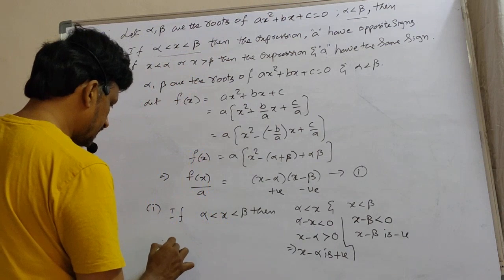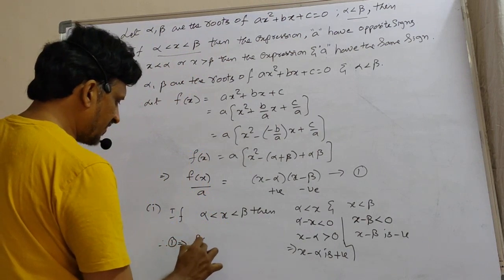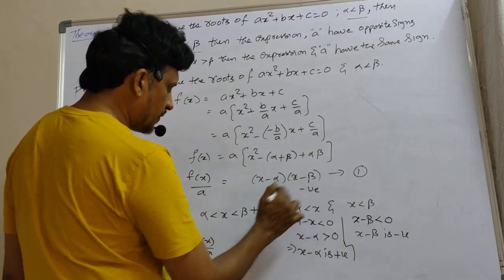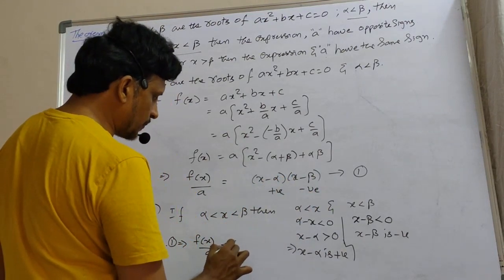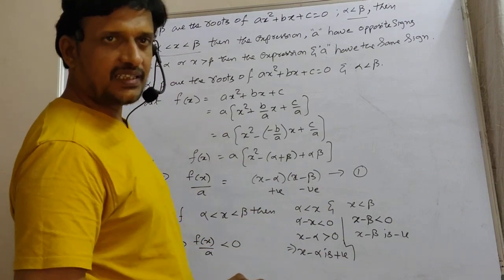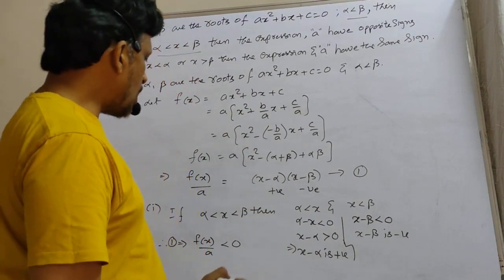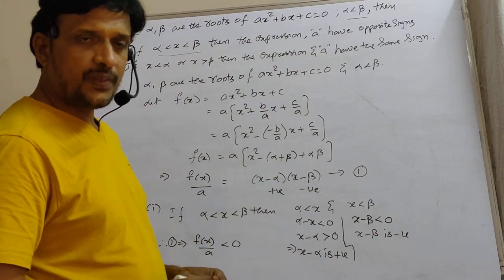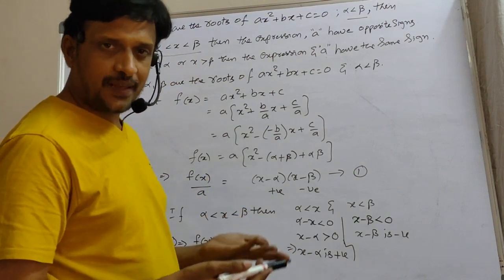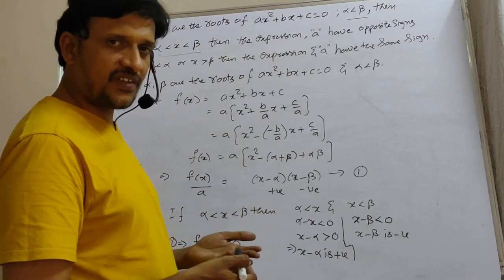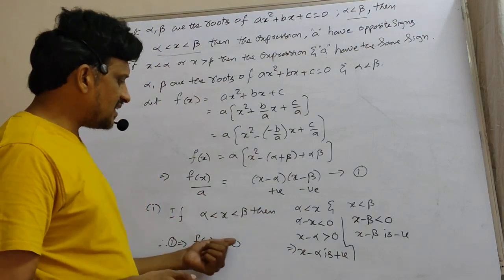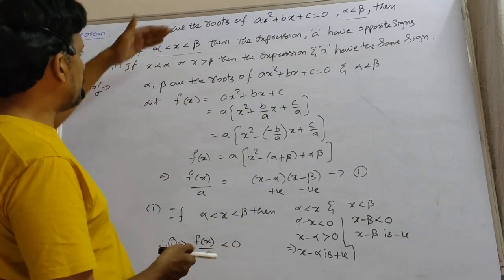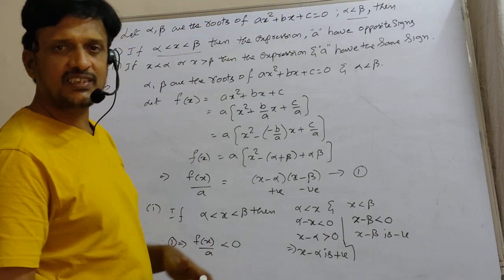Therefore, from 1, f of x by a is the product of a positive and a negative term, so that is negative, which means less than 0. f of x by a is less than 0. Less than 0 means the fraction is negative, which means numerator and denominator have opposite signs.